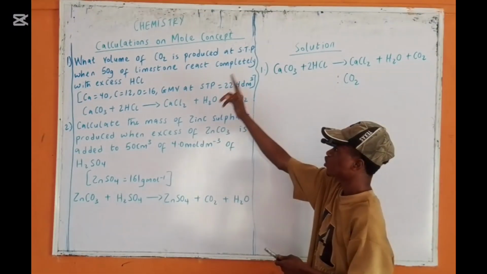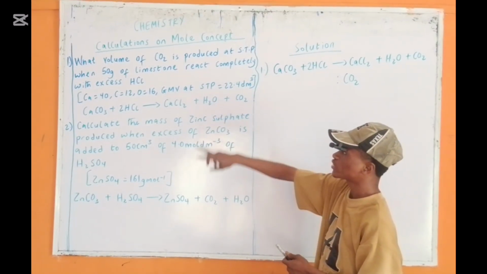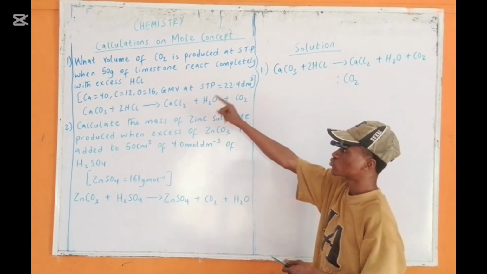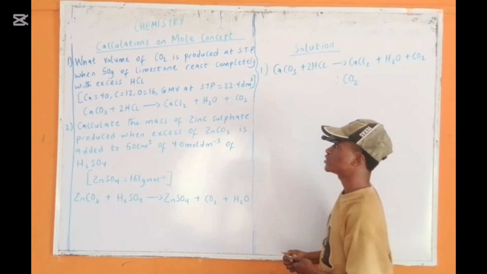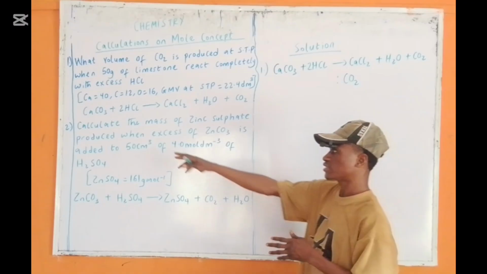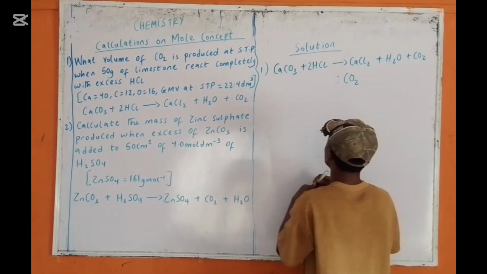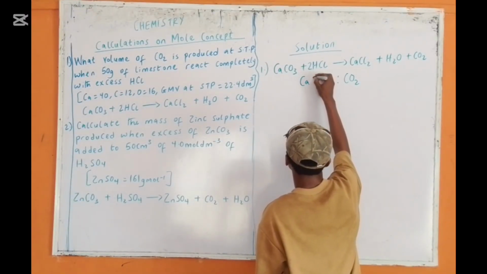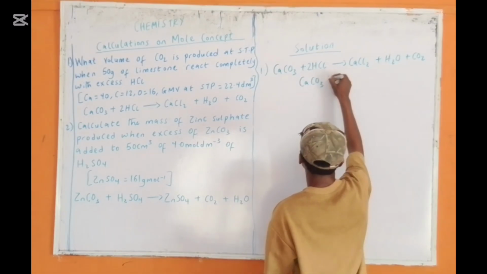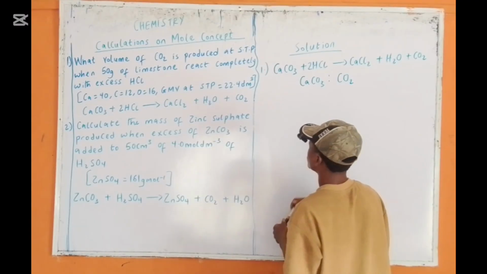What volume of CO2 is produced at STP when 50 grams of limestone? So you can see limestone to be having value, and the chemical formula of limestone is CaCO3. So we are comparing calcium carbonate and carbon 4 oxide.